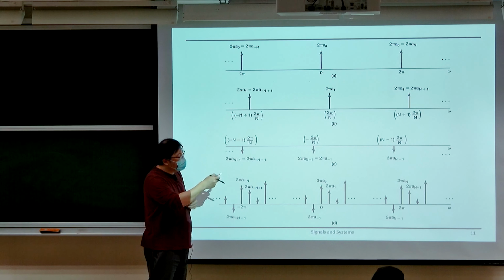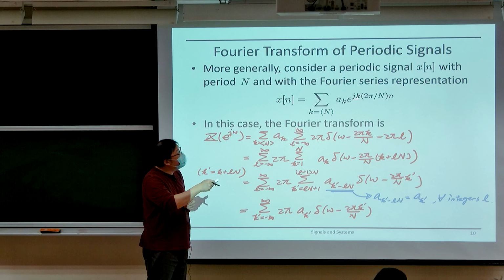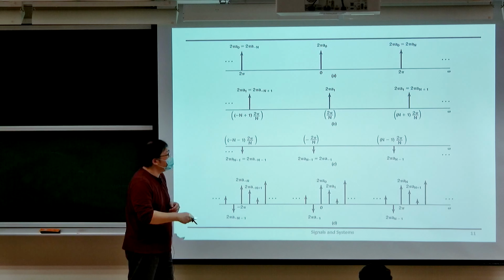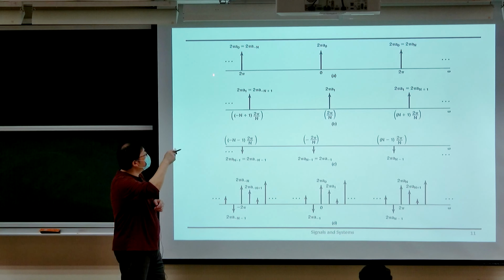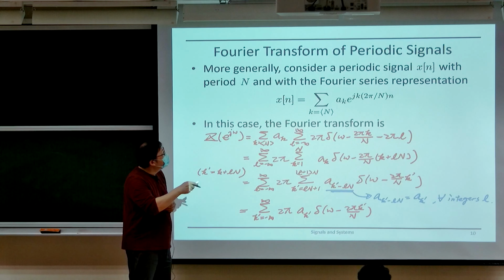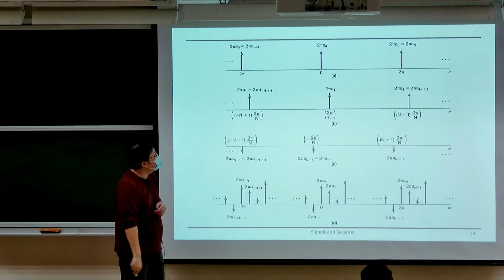For k equal to 1, you have a delta function at 2 pi over capital N, and then also every integer multiple of 2 pi, and so on and so forth. So you have a total of capital N of these.